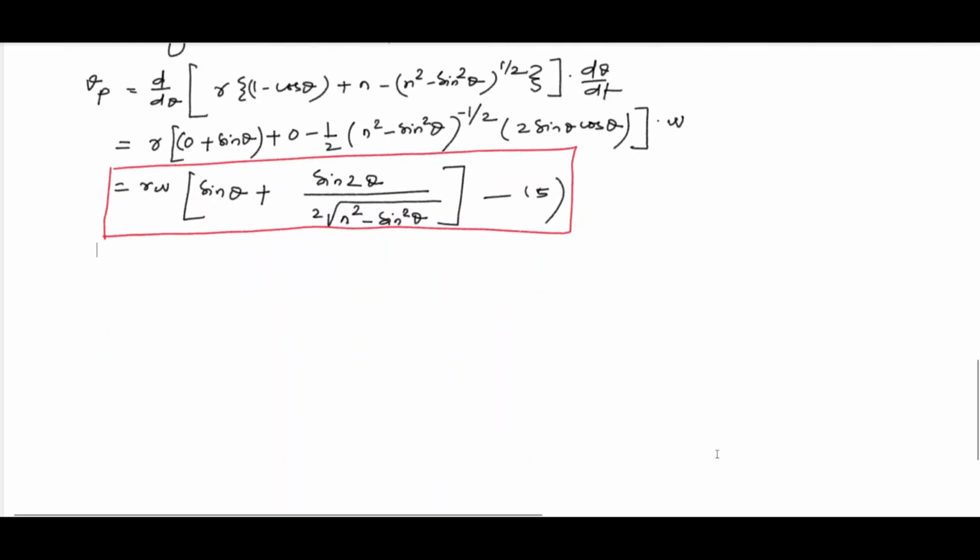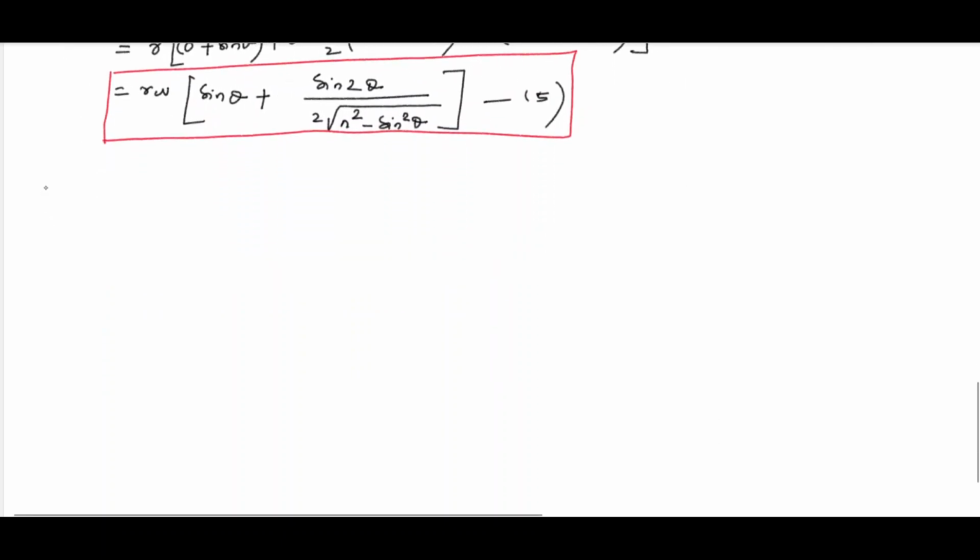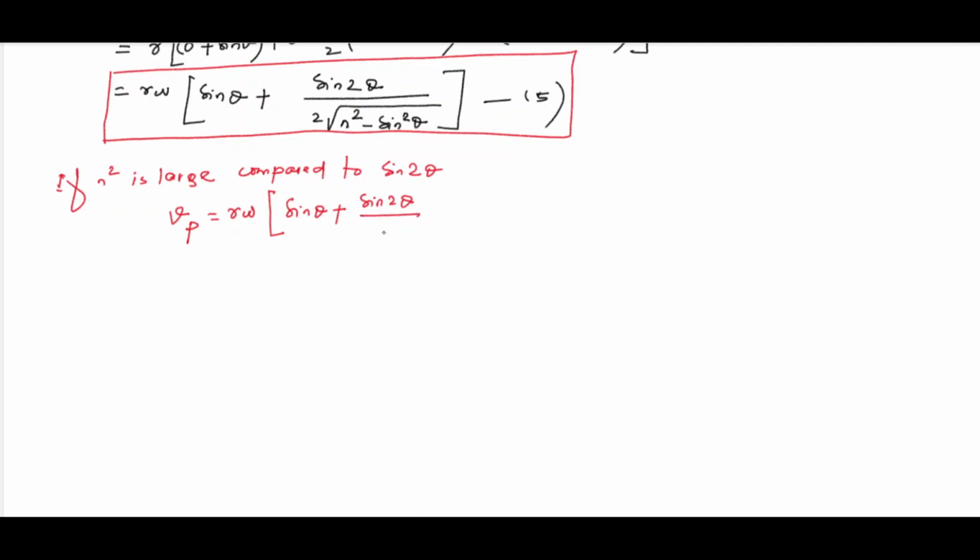Now next, here we can have certain assumptions that if your n square is large compared to sine 2 theta, this Vp will be equal to r omega (sine theta plus sine 2 theta by 2n). Okay, let's say this is 6.